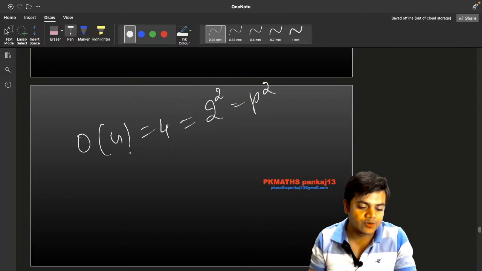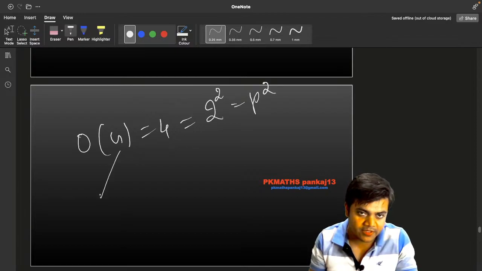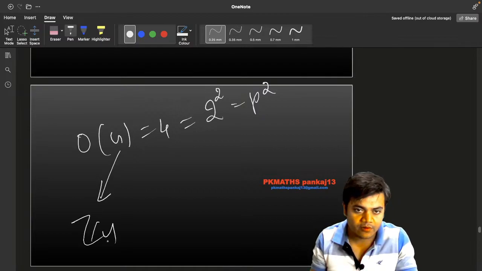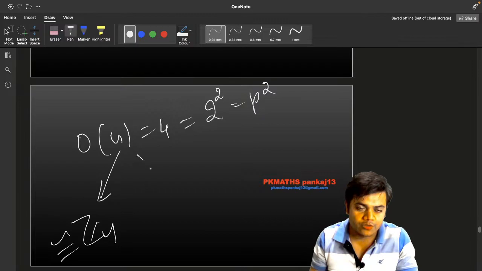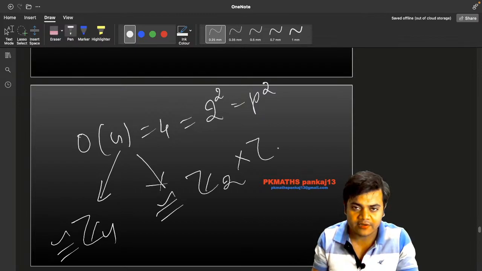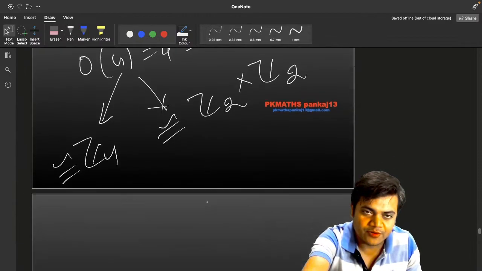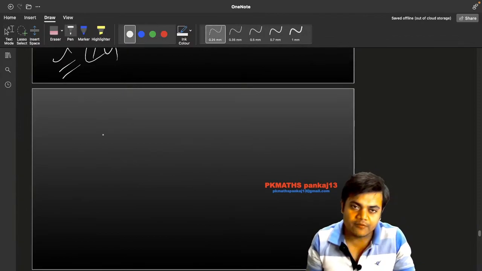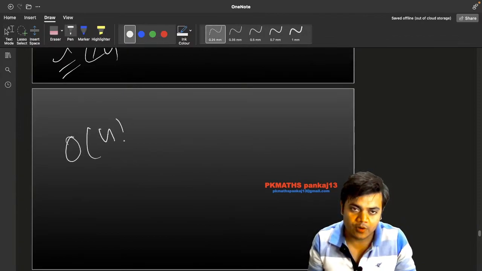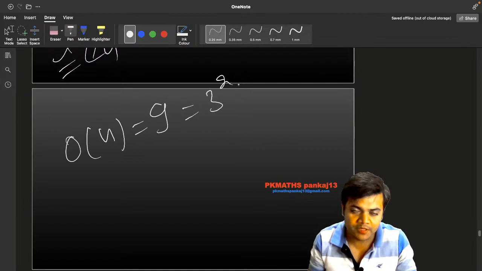So certainly your G will have two possibilities: either G is isomorphic to Z4, or G is isomorphic to Z2 cross Z2. Let's do a few more quick questions. If you are given a group of order 9, then certainly it is a group of order P square.